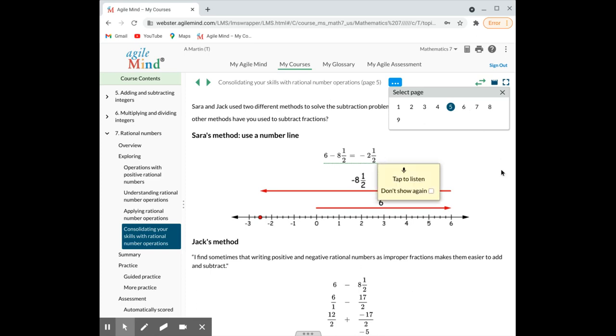Let's go ahead and look at this real quick. We got 6 minus 8 and 1/2. So if we're at 6 and we go back 8.5 steps, where would we be? 2.5. Yeah, and would that 2.5 be positive or negative? Negative. Negative. Good.